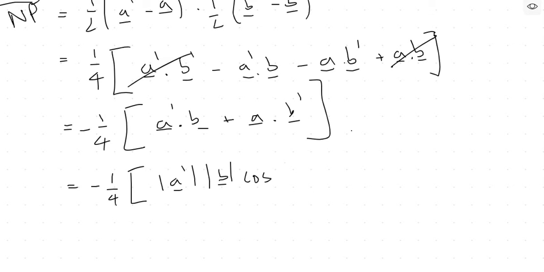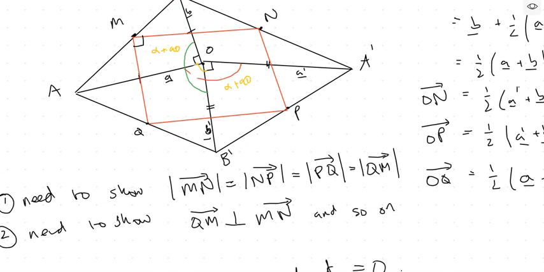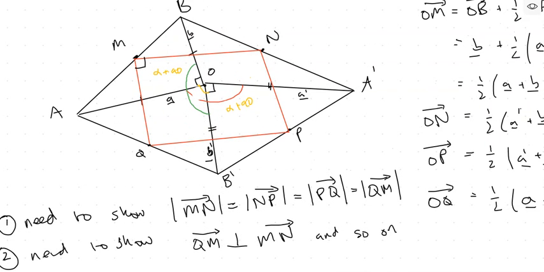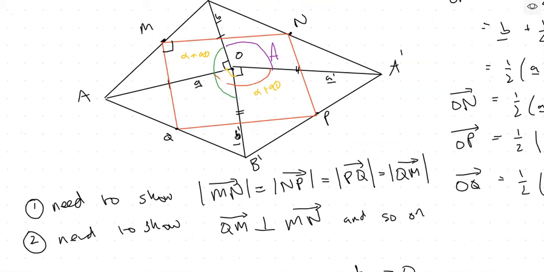I'll call it capital A, plus mod A mod B dash cos B. And let me draw A and B. So A and B are the angles between A dash and B. In purple, this one here is big A, and big B is the one between A and B dash. So this one is big B.